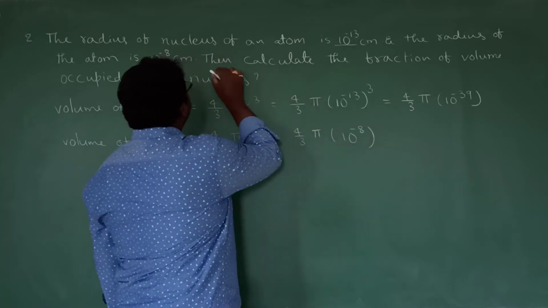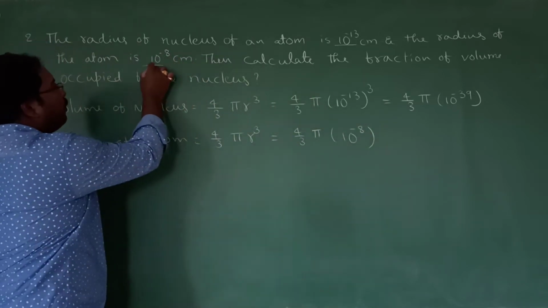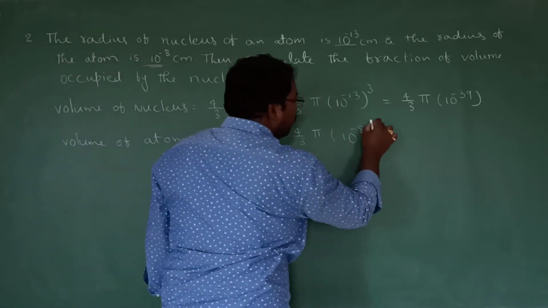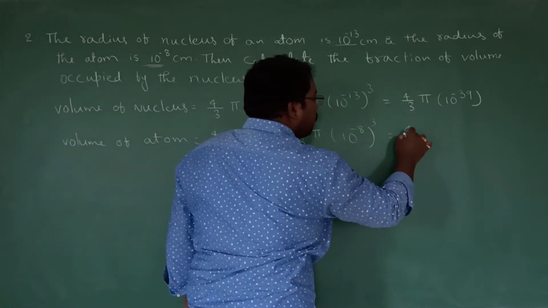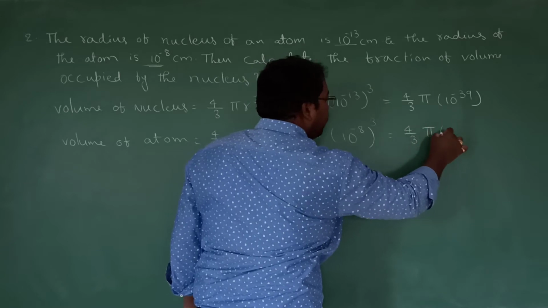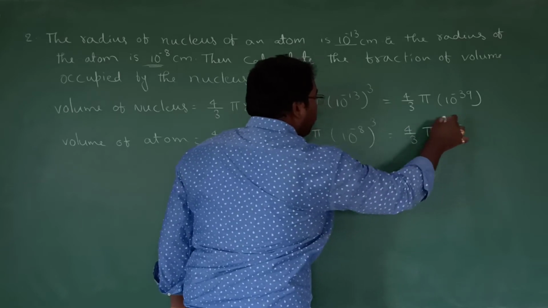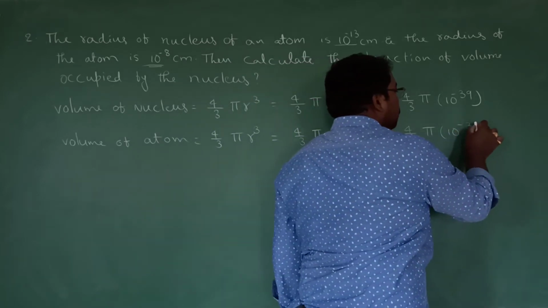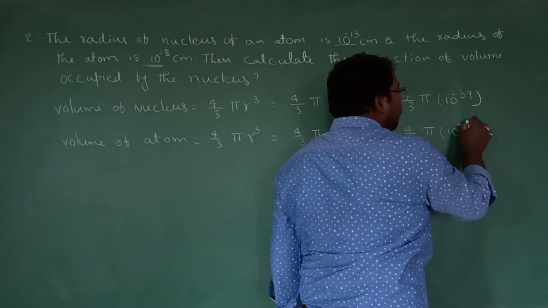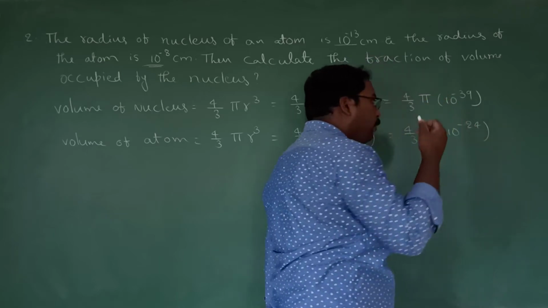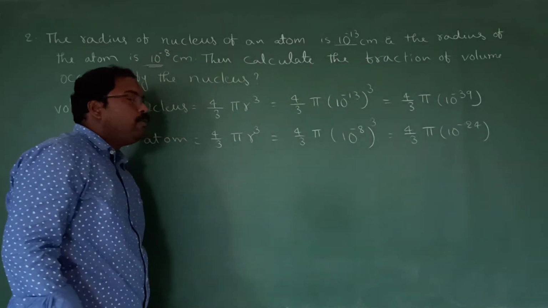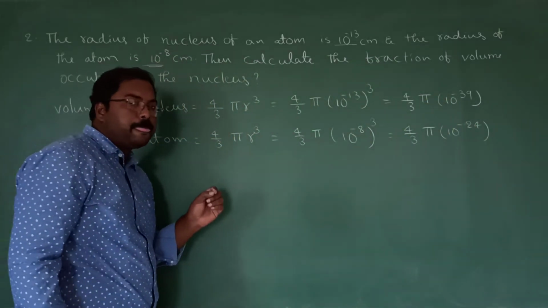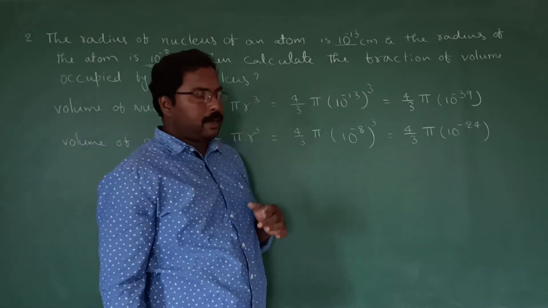The radius of the atom was given as 10 to the power minus 8, whole cube. So we get 4 by 3 pi into 10 to the power minus 24. Okay, so we got the volume of the nucleus as well as the volume of the atom.